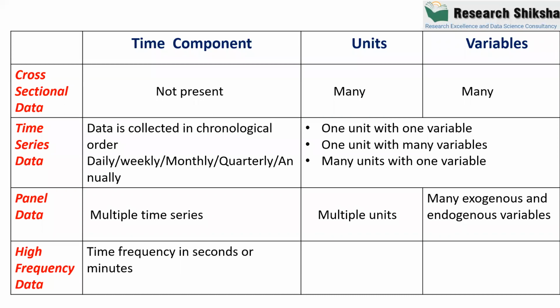So in this case, we are collecting the data of 4 countries: Brazil, India, China, Russia. So there are many units, and for the time component we collected the data of 15 years. And we have different variables, like FDI is one variable, GDP is another variable, and then export may be another variable. So we have different variables, different units, and different time periods. So this is panel data.